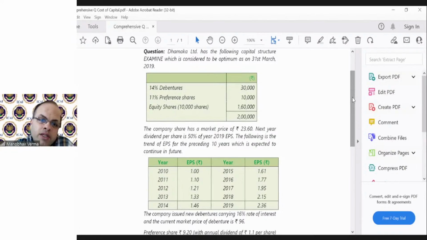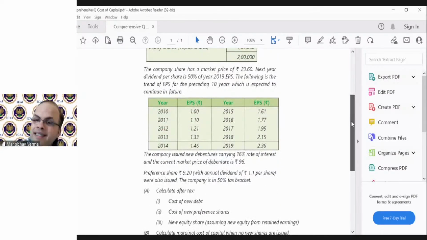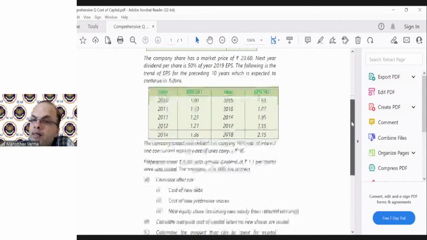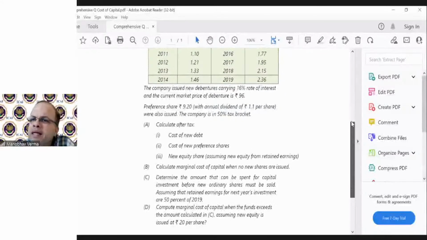Next year dividend per share is 50% of 2019 EPS, and they've given you a table for the trend of EPS for the last 10 years. They're also telling you that the company issued new debentures carrying 16% rate of interest, where the market price is 96. Preference dividend is given to you, and they're giving you a lot of things to be calculated.